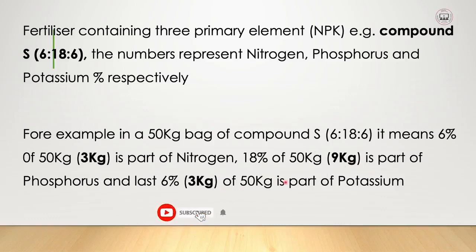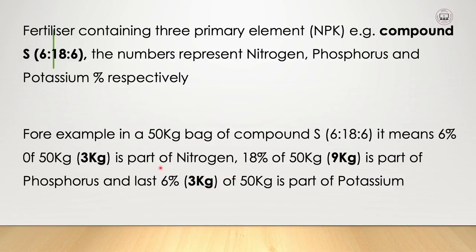So sometimes you may tend to wonder, why is the bag 50 kg if we are saying that nitrogen is only 3 kg, phosphorus 9 kg, and potassium 3 kg.